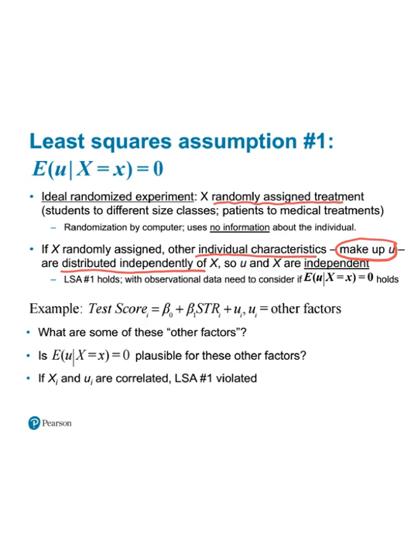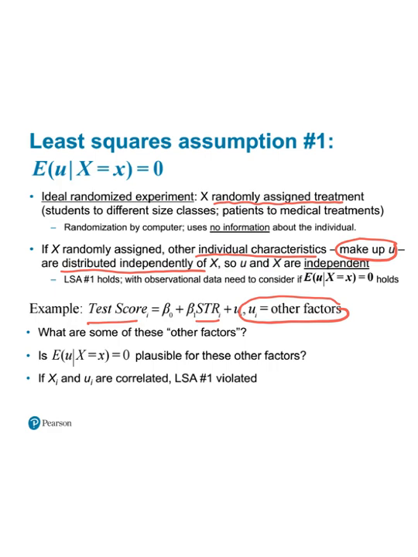So going back to our example of test score, our dependent variable, and the student-teacher ratio, any other variable that impacts test scores that you are not controlling for is going to be bundled up into our error term. These are the other factors. We were talking about this earlier. What are some other factors that might impact test score? Well, some classrooms might have better or newer books with more correct answers.